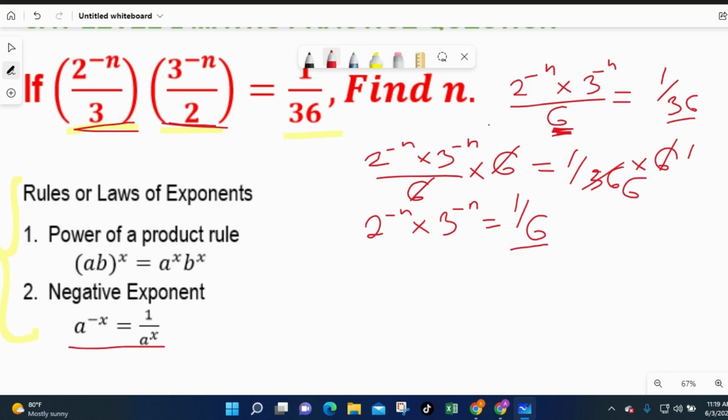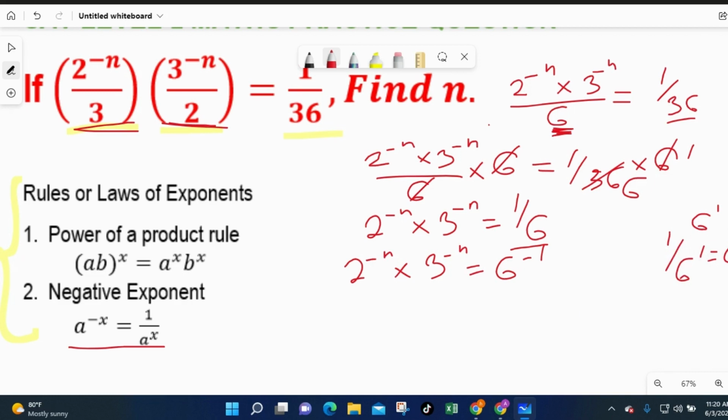Now, if we have this and want to apply this rule, remember when we have 6, it simply means 6 raised to power what? 1. So we'll have 2 raised to power minus n multiplied by 3 raised to power minus n equal to what? 6 raised to power minus what? 1. That is it. Because this is like having 1 over 6 raised to power what? 1. And that will give us what? 6 raised to power minus 1.